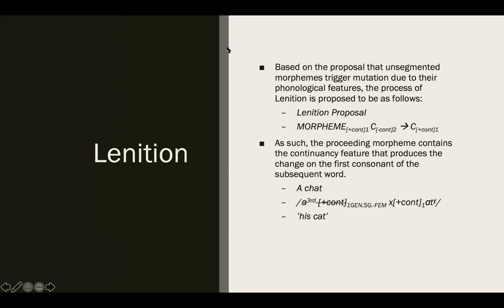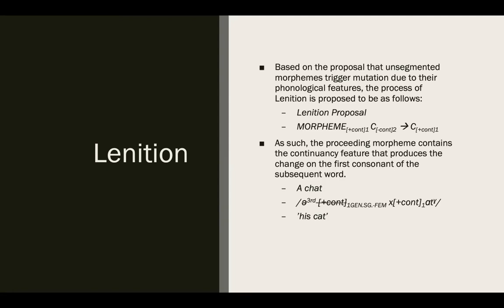So for lenition, I propose that there is a morpheme with a plus continuant feature, and when that precedes a consonant with a minus continuant feature, the plus continuant feature replaces the minus continuant feature. So for example, if you take the third person possessive pronoun, masculine, "his," and you put it before the word cat, cat, you get the string a cat.